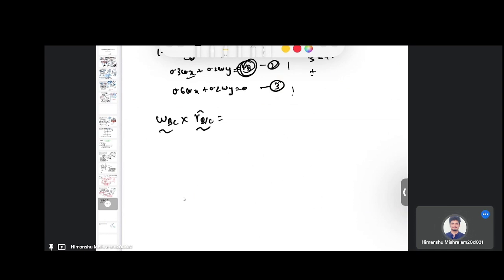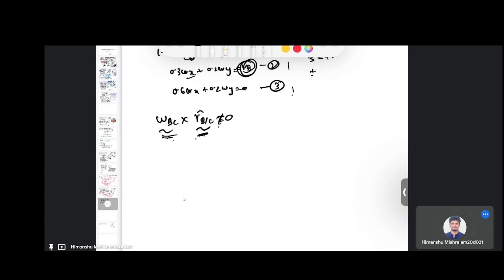Which means these two are not parallel to each other, because if they were parallel, then the cross product of these quantities should be zero. But it is not zero, which means they are not parallel to each other. They are actually perpendicular to each other, right?